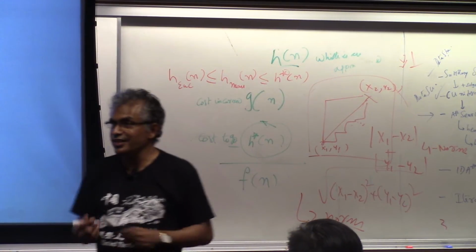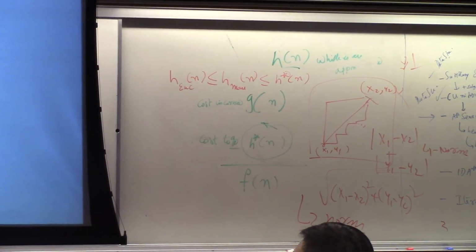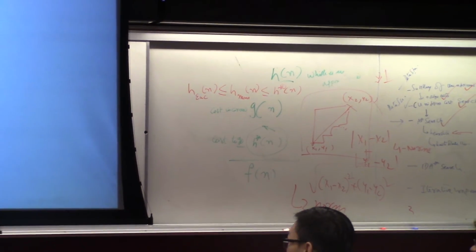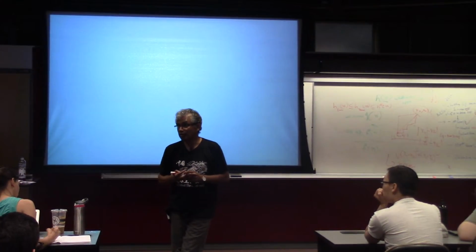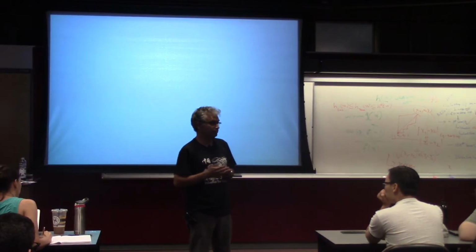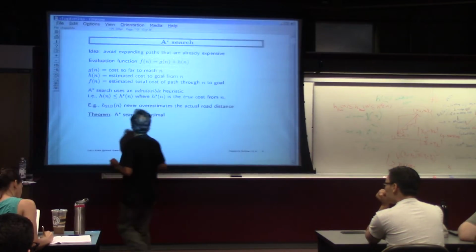You don't know what h star is, but you know that these will be lower bounds. And you also know one lower bound is better than the other lower bound. So I gave you two heuristics. One is actually more informed than the other.